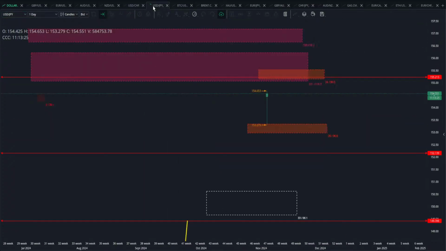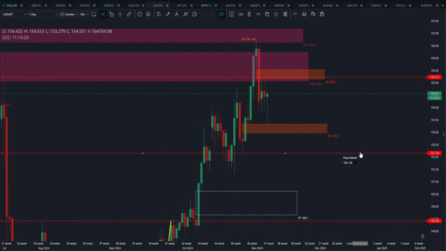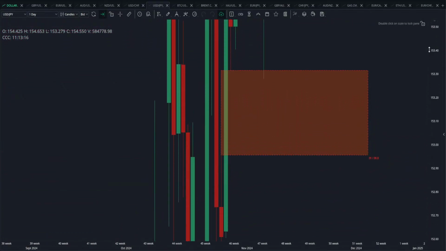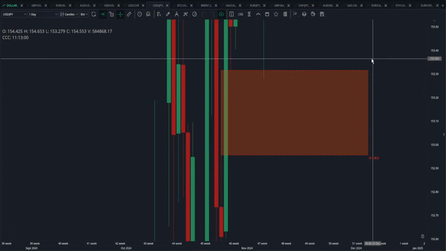All right. So USD. Can the fair value gap be so accurate? I don't know. Only you tell me. How many pips of drawdown if you have placed your limit order here? Come on. 31, 30, 29, 28. 3 pips.